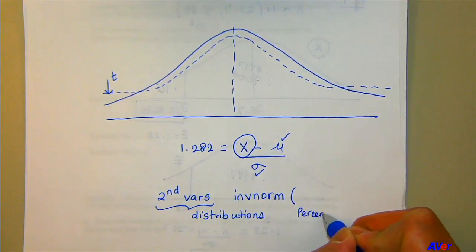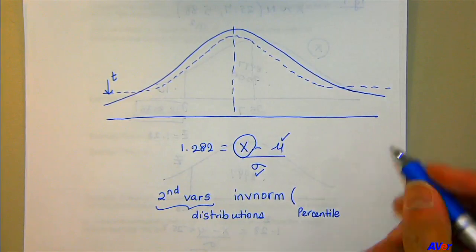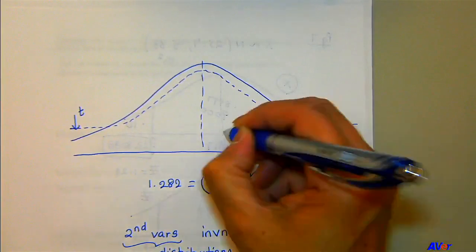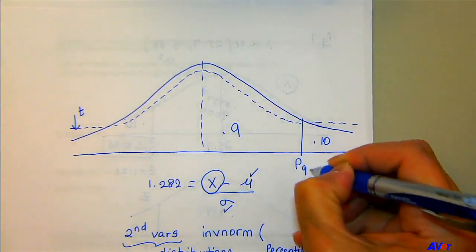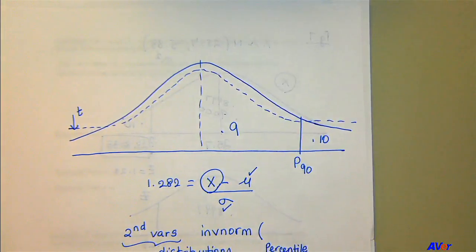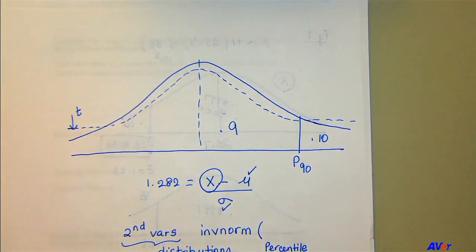You have to be careful here because when you're looking for 10% in the right tail, you're looking for P90. So even though you have the use of this calculator, you constantly have to be focused on whether you're putting in the right stuff.